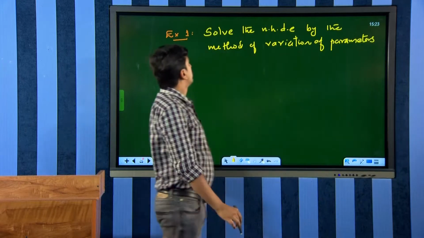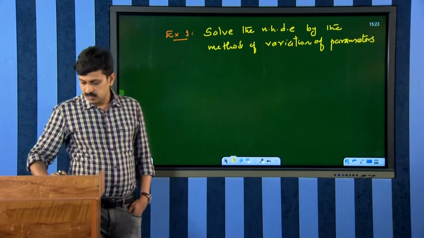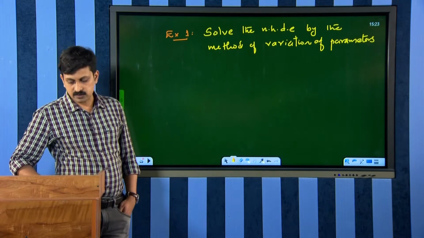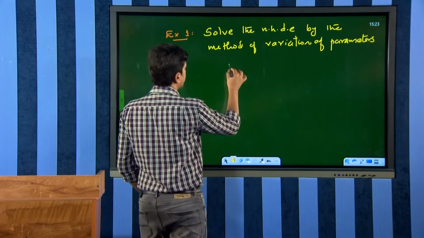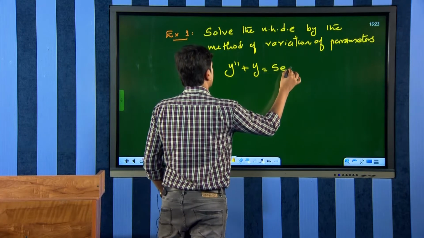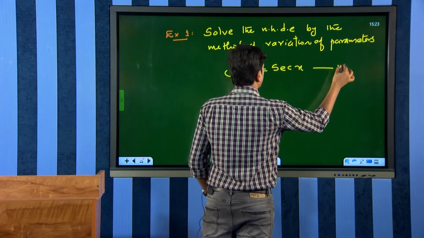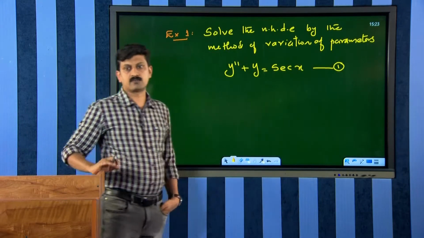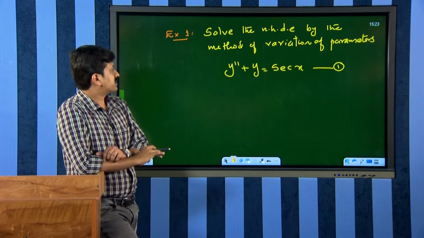The equation is y double dash plus y is equal to sec x. This is our equation 1.